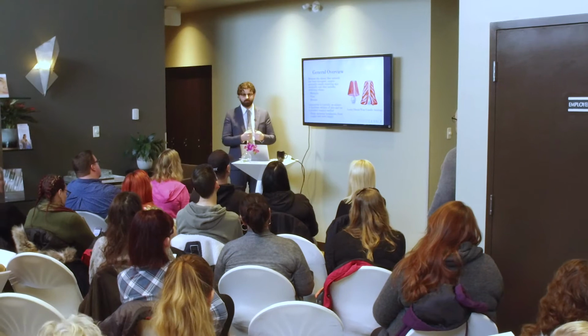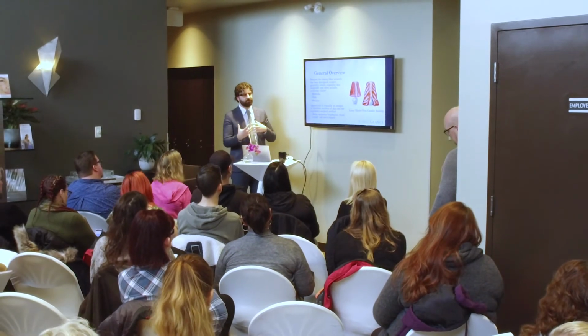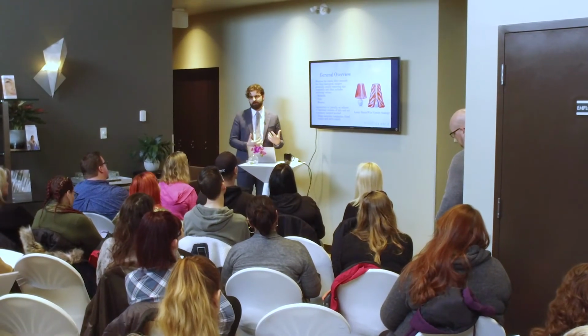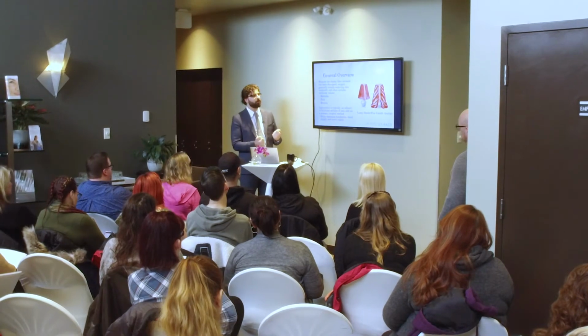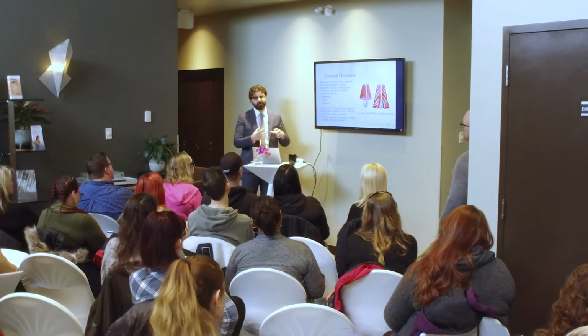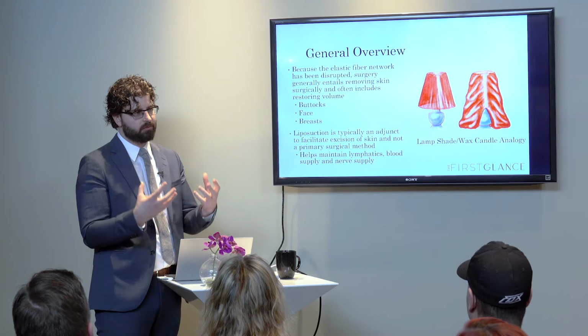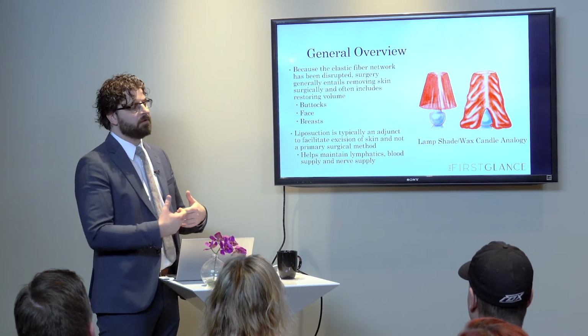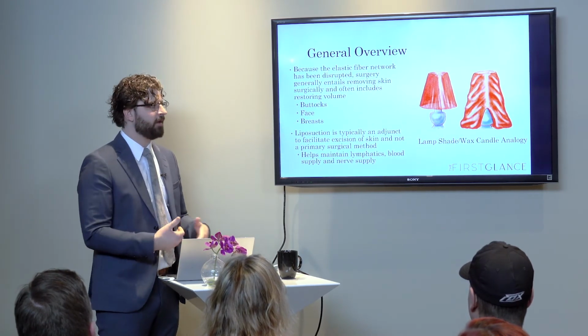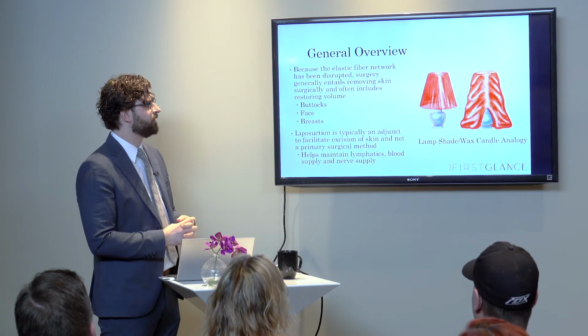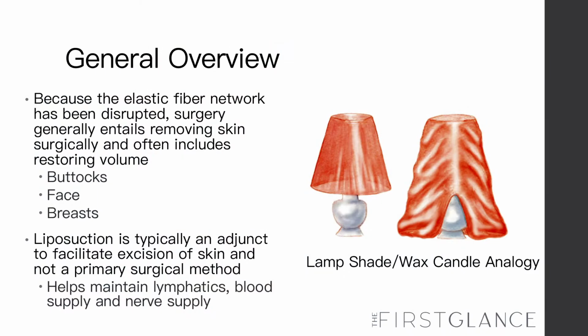It's more moldable, more putty-like. So it's going to have a strong effect from gravity. Gravity is going to pull on that area, and it's going to collect it into groups, which gives you in the abdomen the overhanging apron of an abdominal pannus. So we're going to see these most often in the buttock, the face, and the breast.